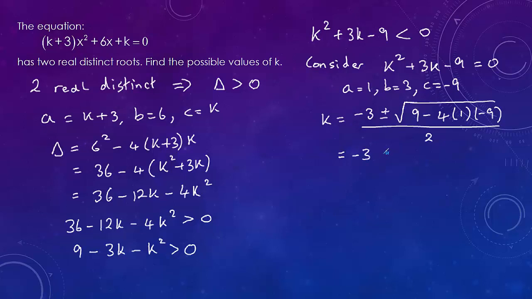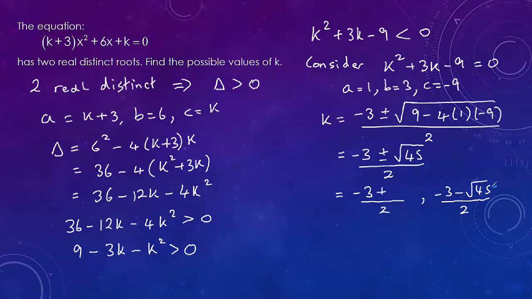So that's -3 plus or minus the square root of 9 plus 36. So that's 45, all divided by 2. So it gives me two solutions: -3, add root 45 over 2, and -3, take away root 45 over 2.